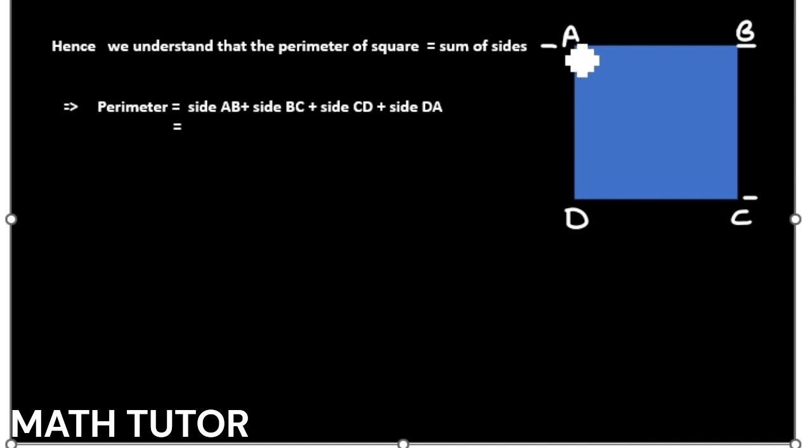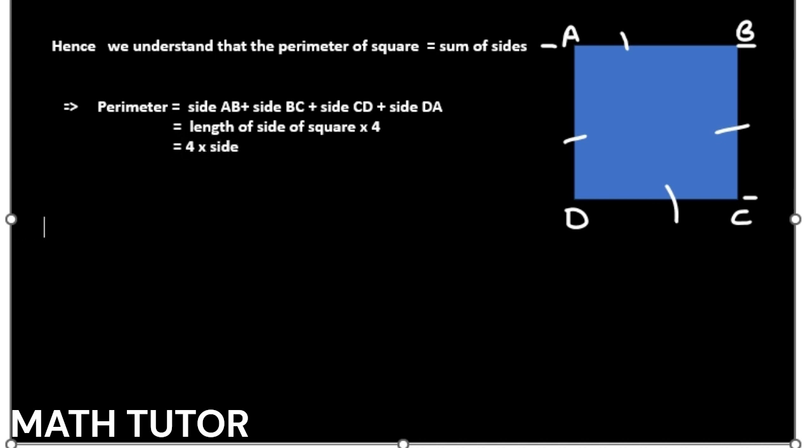Since we know that the lengths of all the sides of a square are equal, we can write it as length of side of square multiplied by the number of sides, that is 4. So the perimeter of a square equals 4 times side.